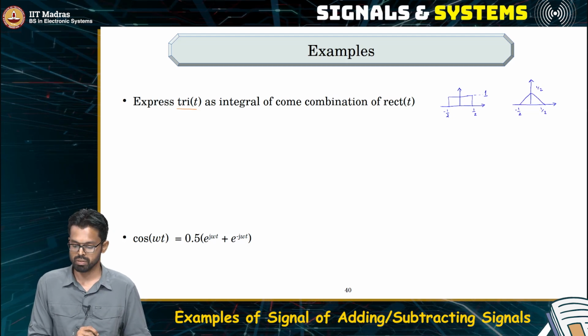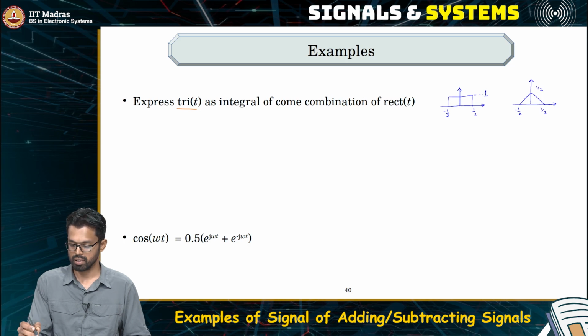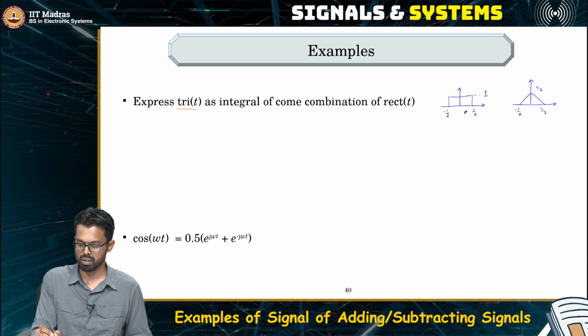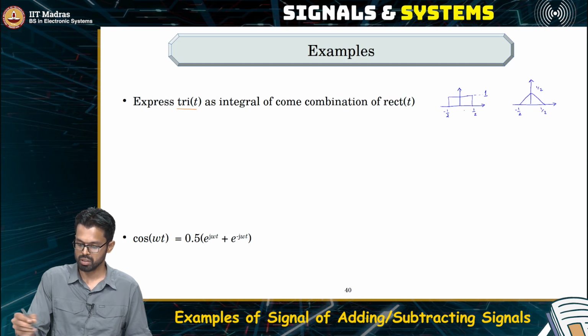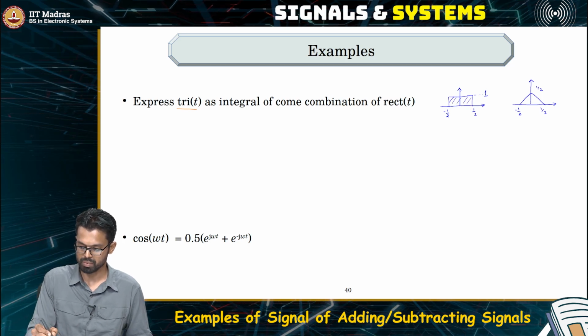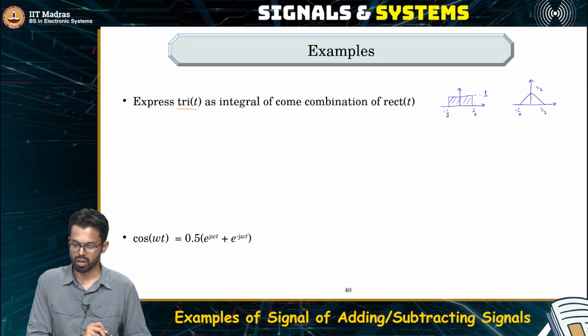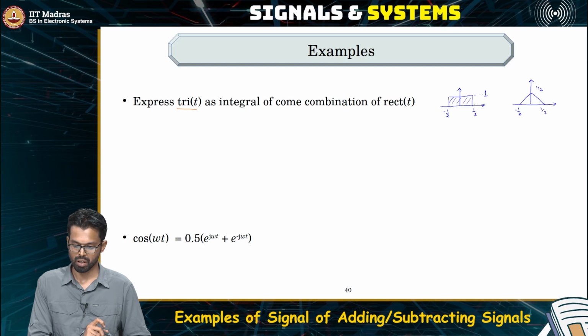What we'll do is first redefine this. If you see the area of the rectangular function, the width is 1 and the height is 1, so the area is just 1.